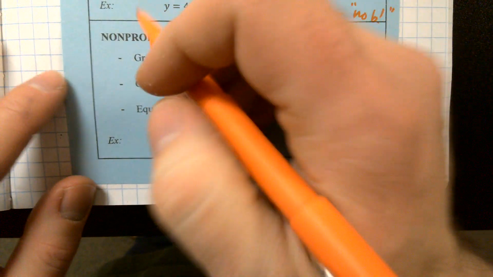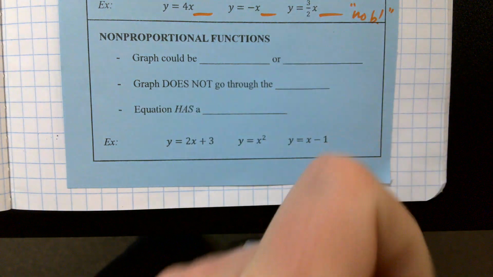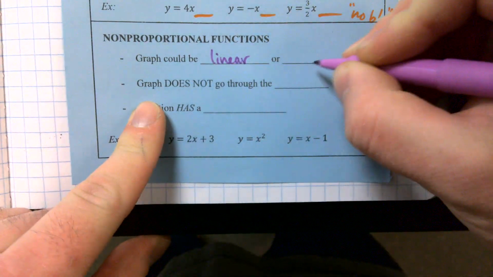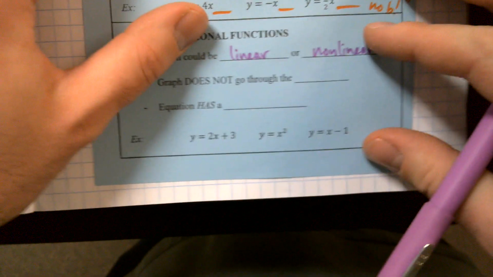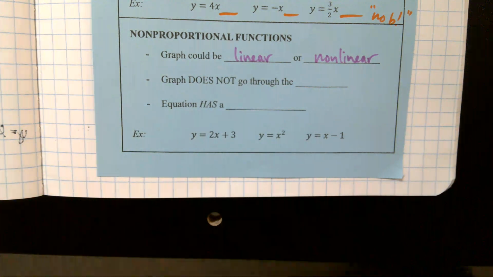Obviously, the opposite of proportional would be what? Non-proportional. So non-proportional, these graphs could be linear or they could be non-linear. And this is where people really get confused. Non-proportional just means it does not go through the origin.